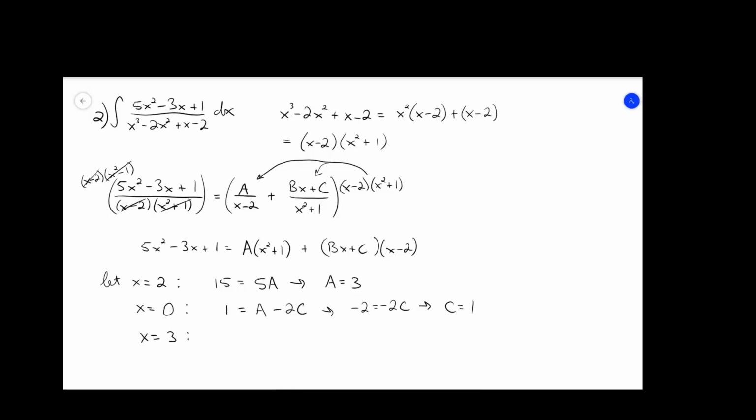Okay, so if I plug in 3 for the left side, here I'm going to get 9 times 5 is 45 minus 9. So that's 36 plus 1 is 37, I think. And if I plug in 3 on the right side, I get 3 squared plus 1, that's 10a.